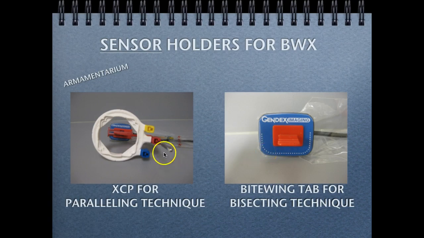So you don't really have, like the paralleling technique, any kind of an indication as to where you should place the PID. In a bisecting technique, you have an indication, it's facial landmarks, but it takes a little critical eye and some experience to get a quality BITEWING X-ray. It is doable. Even if you're a student, you're able to do both techniques.